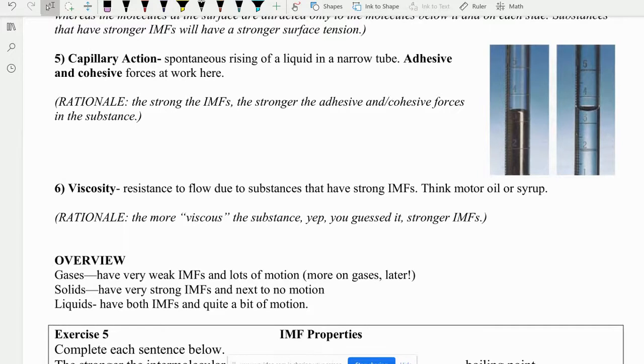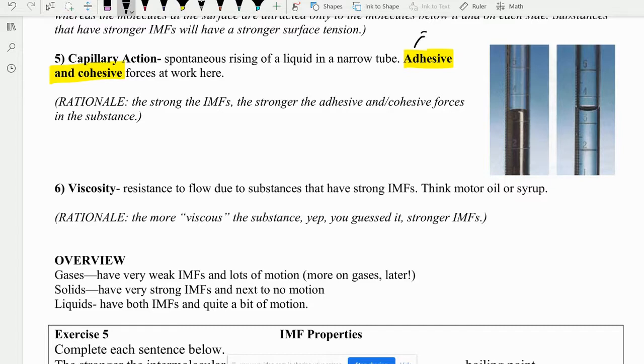The fifth physical property is called capillary action. You've probably learned about this in biology. It's happening across all biological systems, but it's also a very common effect and sometimes when we are using liquids with very narrow tubes in chemistry. Capillary action involves a combination of something we call adhesive forces and cohesive forces.